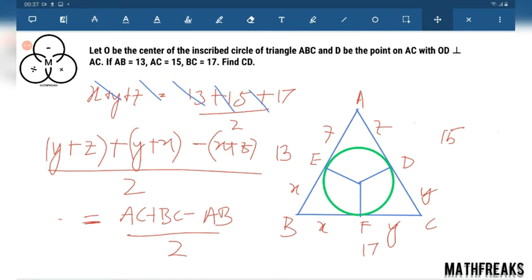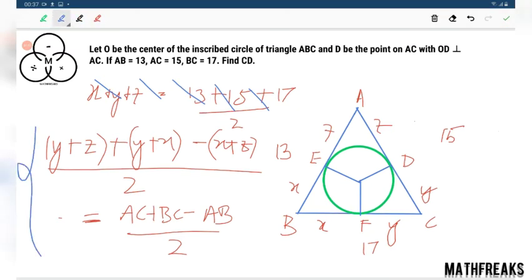Just apply this and we will get the values. That's over.